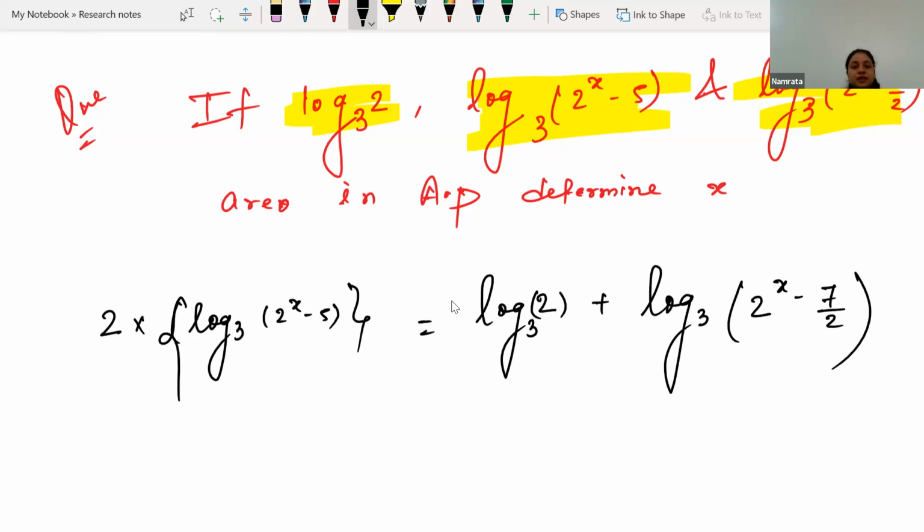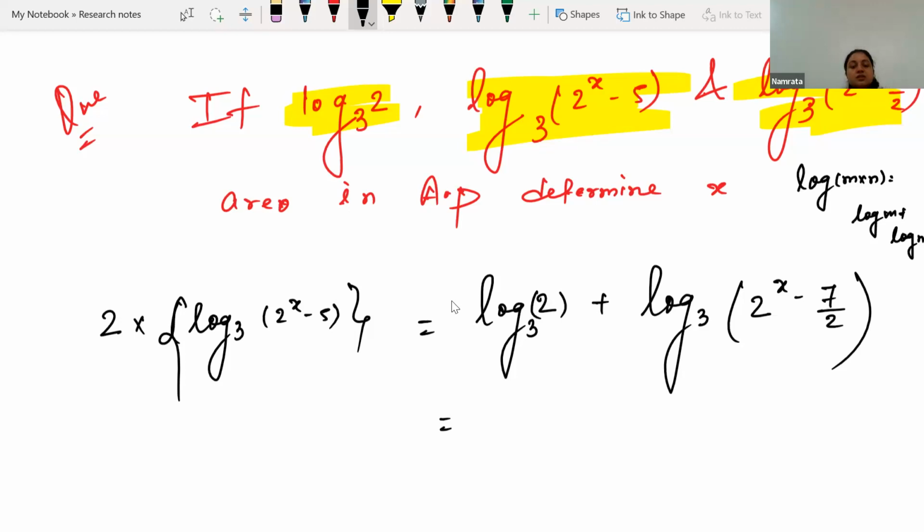Yes, ma'am. Now log m plus log n can be written as log of m into n. Do you know this? Yes, ma'am. Log of m times n is equal to log m plus log n. Do you know this relation? Yes, ma'am.